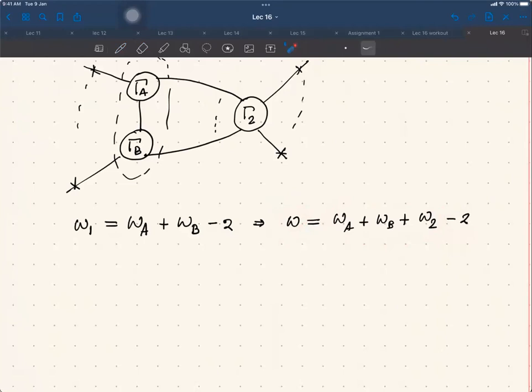You can manage to get 0 or 1 by individual terms being 0 or 1, but 0 means superlogarithmically divergent. So any of these omega A, omega B, and omega 2 can be greater than or equal to 0, while the total omega is negative.